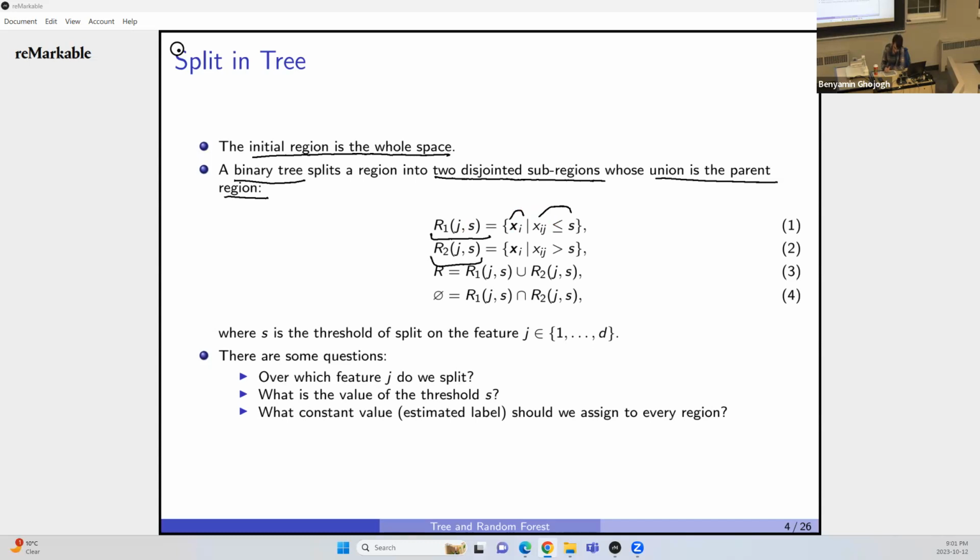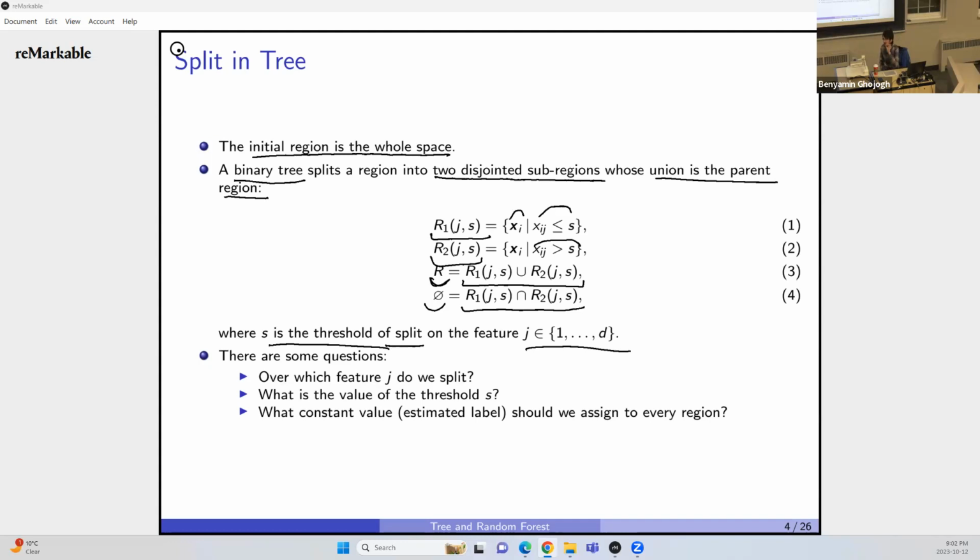Region 2 is all of the xi's where xij is greater than s. The whole region R is the union of R1 and R2, but their intersection is empty. J goes from 1 to D. S is the threshold of a split, right?